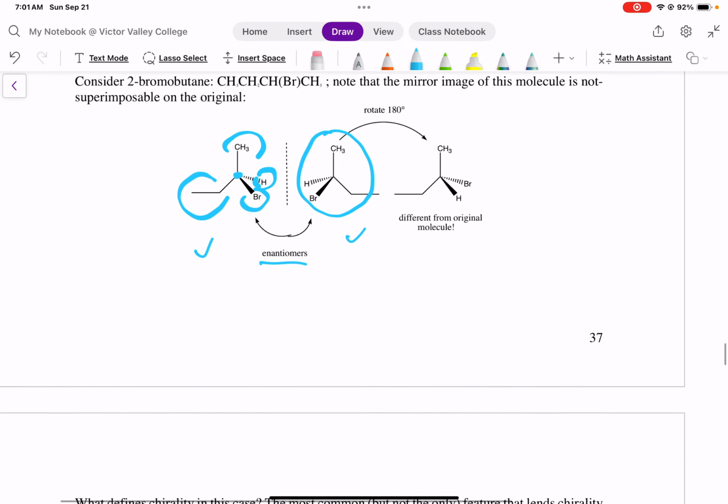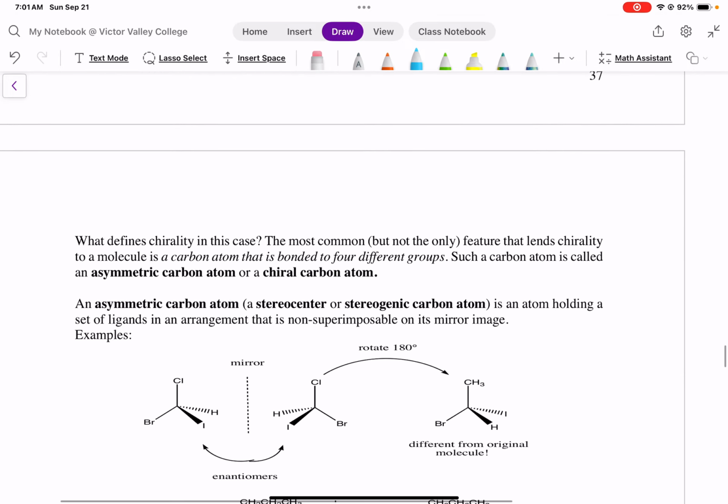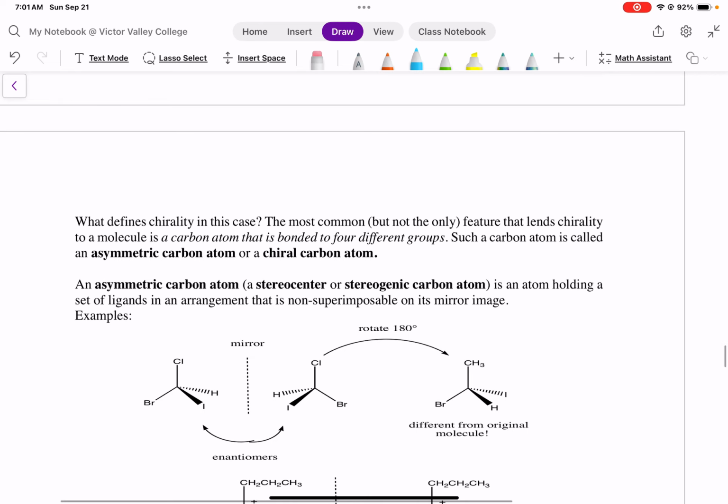Now, chiral compounds, how do we identify that, right? Carbon is a popular atom in organic compounds. So if we can identify the carbon, that will help. And that's the easiest way, instead of doing the mirror image thing.